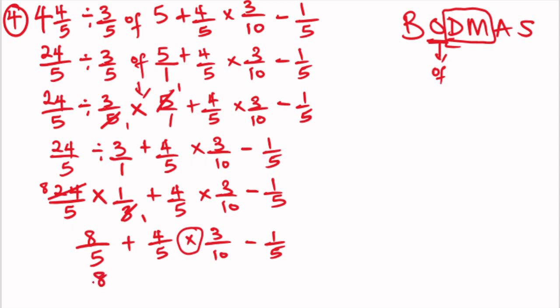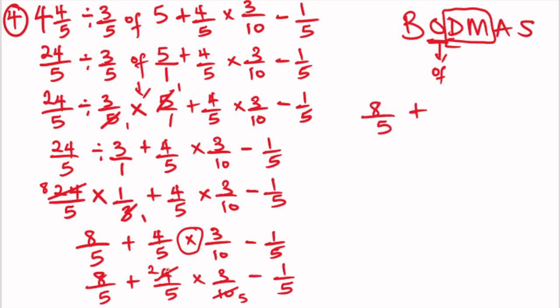So we have 8 over 5 plus 4 over 5 times 3 over 10 minus 1 over 5. So 2 in 4 will have 2. 2 in 10 will have 5. So we'll be left with 8 over 5 plus 2 times 3 is 6 over 5 times 5 will have 25, minus 1 over 5.